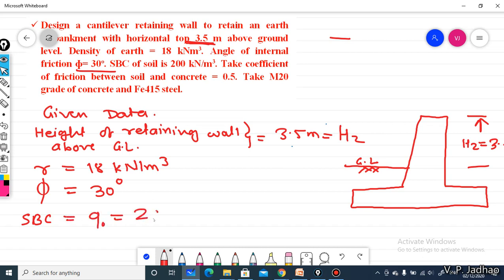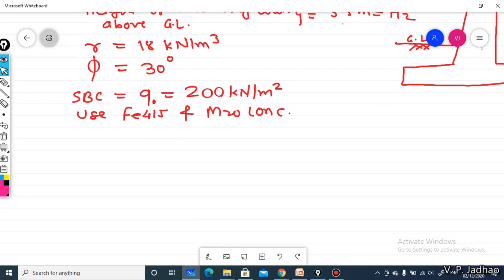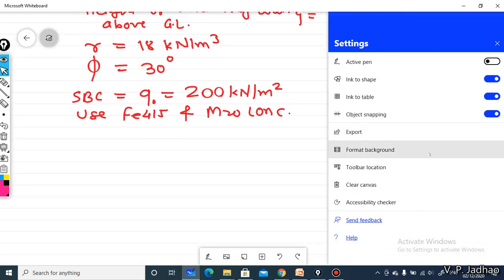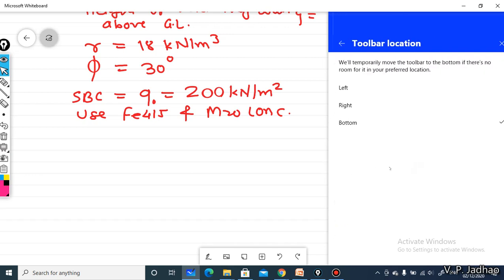This is given as 200 kilonewton per meter square, and we have to use Fe415 steel and M20 concrete. So this is the given data, and based on this we have to design this retaining wall.